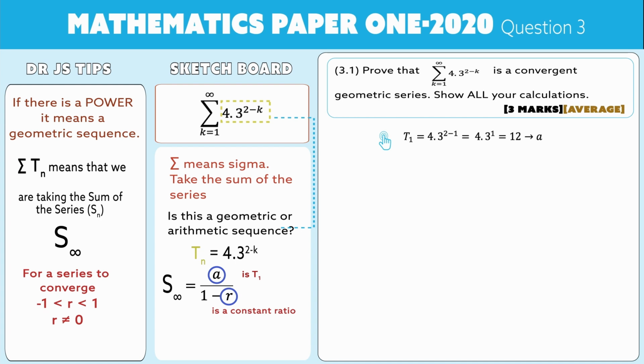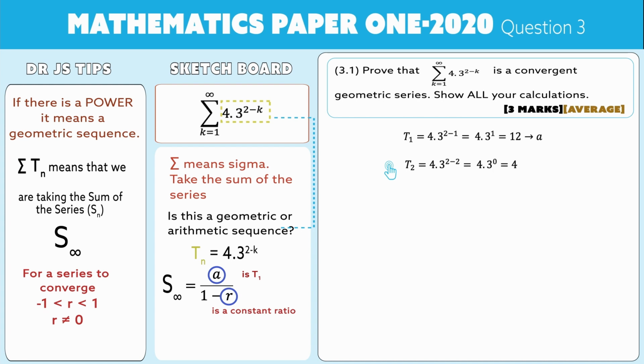Okay, let's find term number 2. Term number 2, we let the k value over here be 2. So we get 4 times 3 to the 2 minus 2. That is 4 times 3 to the 0, and 3 to the 0 is 1. So we have our second term as 4.